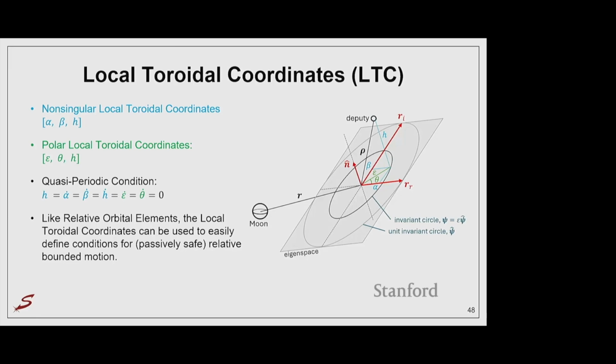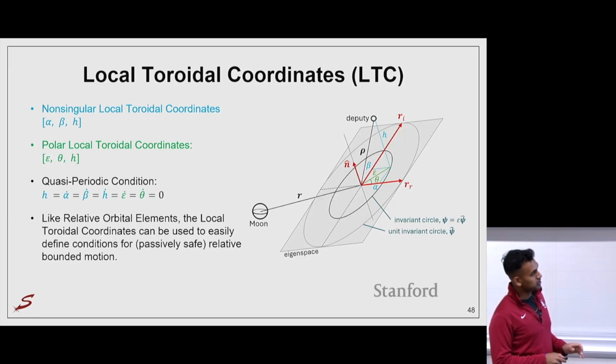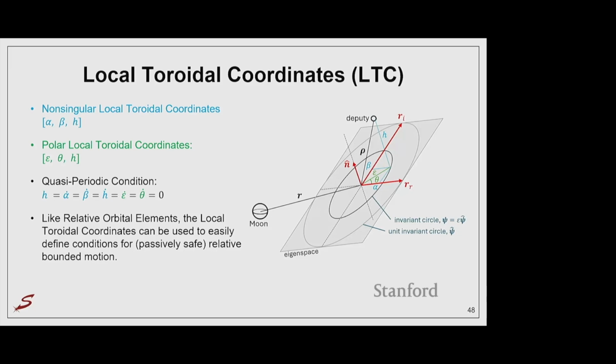So we have the imaginary part of the eigenvector here, the real part of the eigenvector here, and then the right-handed triad is complete. That's our local toroidal coordinate frame. Then we can define either a set of polar local toroidal coordinates based on the angular separation between them, or non-singular local toroidal coordinates, which are just with respect to the vector bases.